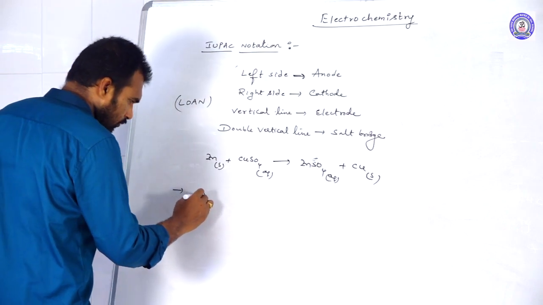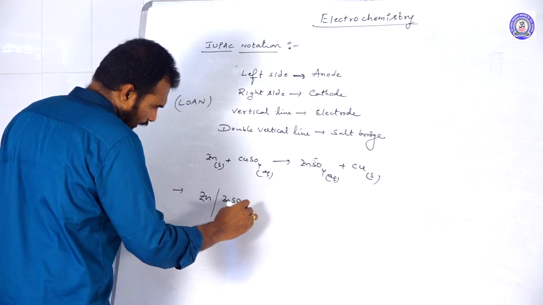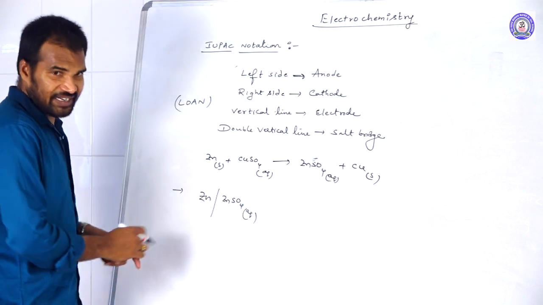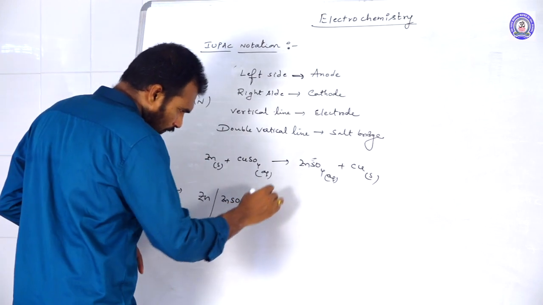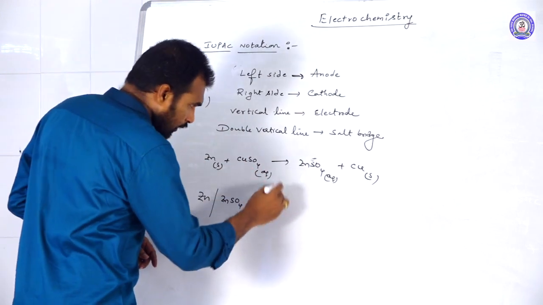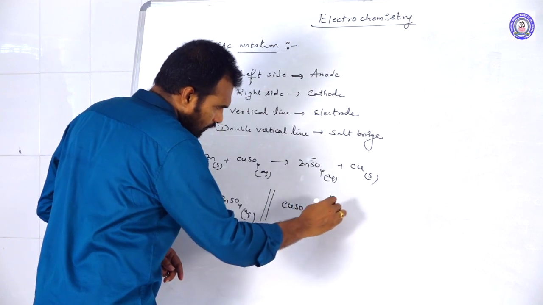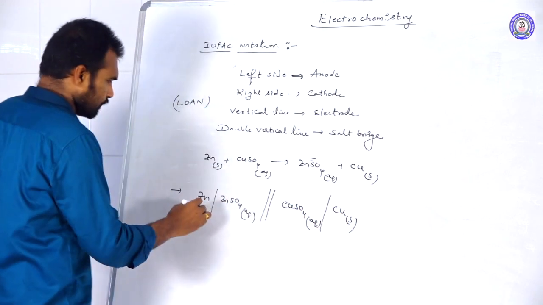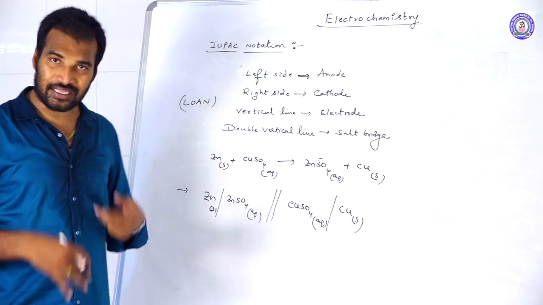So first you write zinc, then zinc sulfate aqueous. The single vertical line indicates what? Electrode. This is one electrode. Double vertical line, salt bridge. Next, copper sulfate aqueous, single vertical line, copper solid. So this is the IUPAC representation of the above galvanic cell.